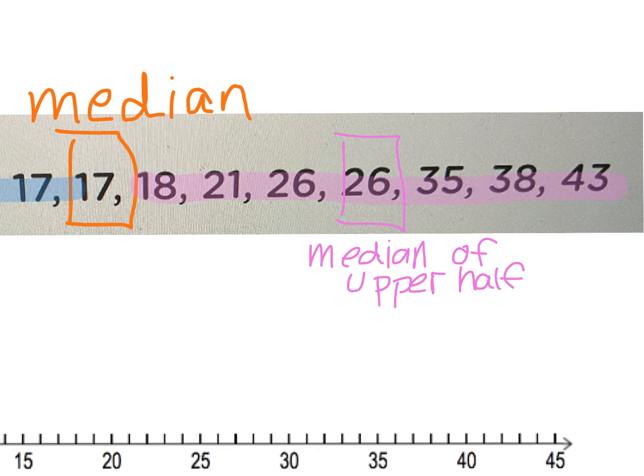And instead of a lower quartile, it's called an upper quartile. Just add a little text box up there to identify it, please and thank you. And instead of a Q1, we call this one a Q3.